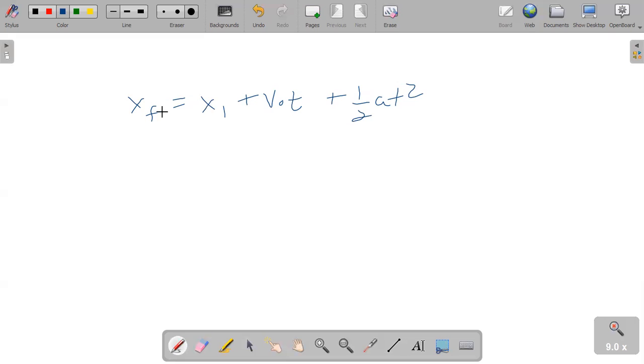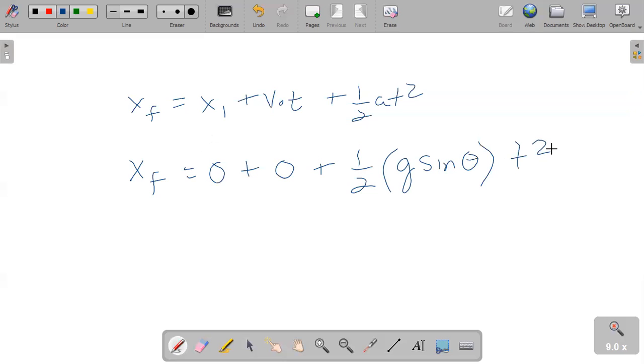Or we could call this the positive direction and have our force going in that direction. We keep them both positive. I think that would be easier to do. X final equals, we call this 0, she started from rest, 0 plus 1/2 a, as we learned earlier, is g sine theta times t squared.